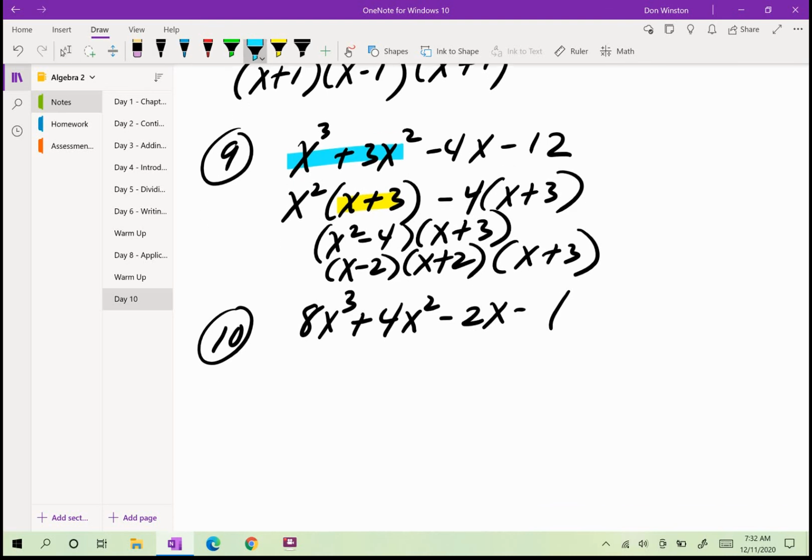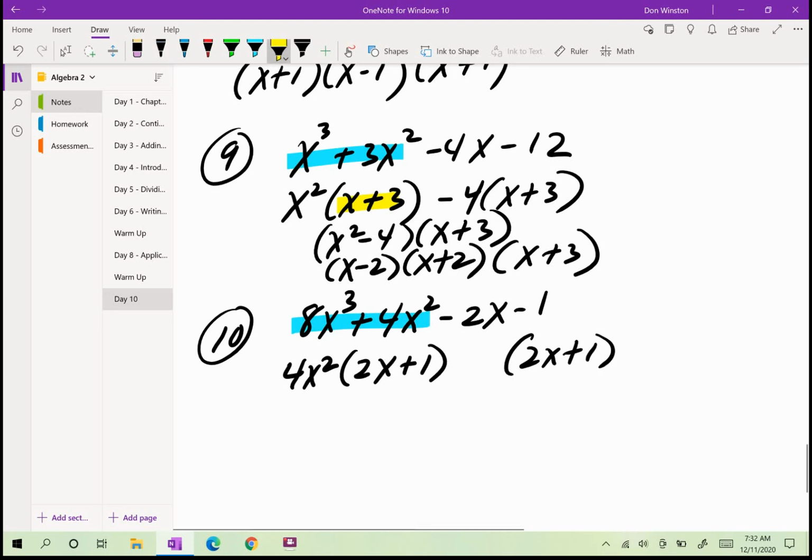And then the last one here. From that group I can factor out a 4x squared. And that will leave me with 2x plus 1. So again, I'll have a 2x plus 1 over here. There's my hint. And I need to multiply by negative 1 to give me what I started with in this group here.